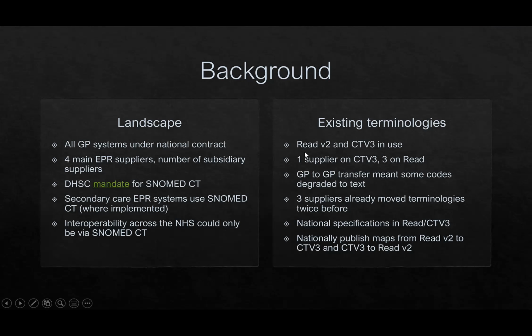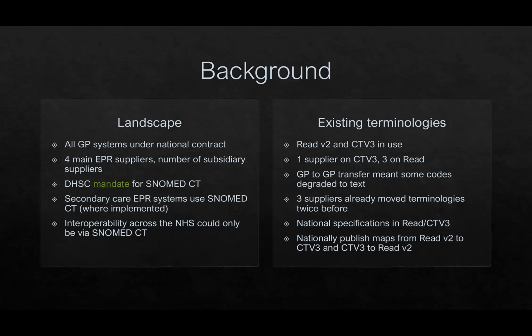And really, we had two terminologies. We had Read version 2 and we had CTV3. Actually, CTV3 evolved from Read version 2, and a lot of SNOMED's initial content came from CTV3, but of course it had evolved significantly over time by the time we'd got to 2016. We had some issues. If I, as a patient, moved house and my records went with me, we transfer them electronically.